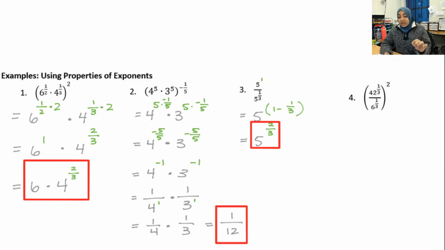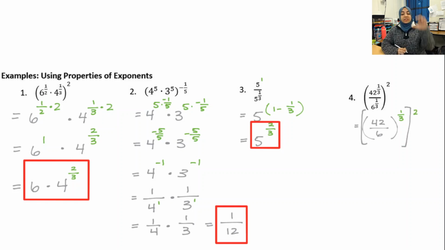So instead of doing power to a power, I'm going to first separate the quotient of powers, okay? And I'm going to rewrite this as 42 over 6 to the 1/3. And then that quantity, let me put it in green like I've been doing with all of my exponents, and then that quantity squared.